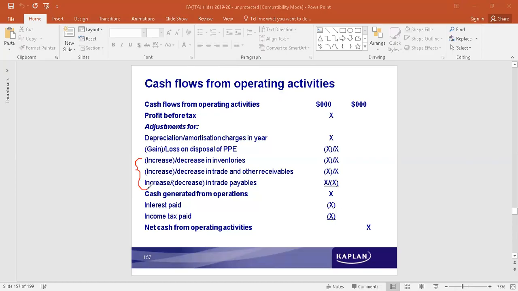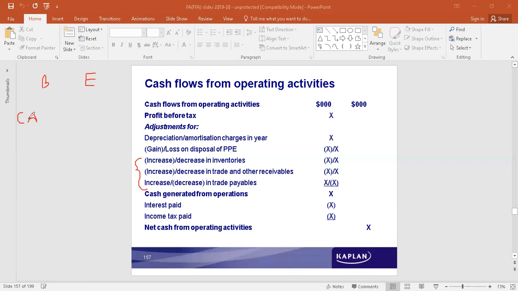How do we understand that? There is a beginning balance, there is an ending balance. From where do we take the balances? Beginning balance sheet, ending balance sheet, two balance sheets. If it is a current asset, such as inventory, receivables, prepaid expenses.